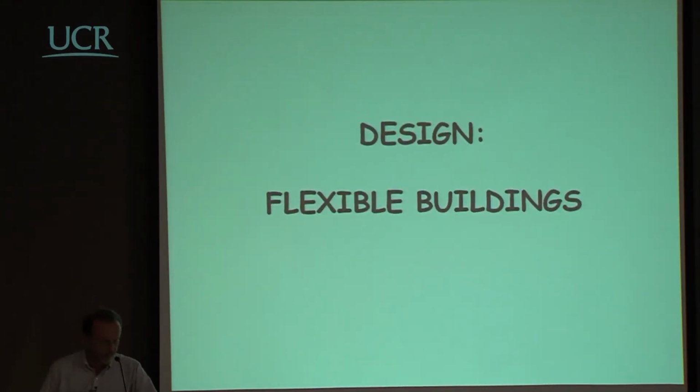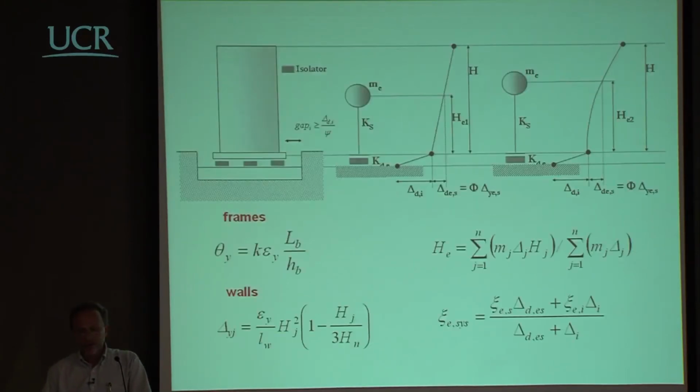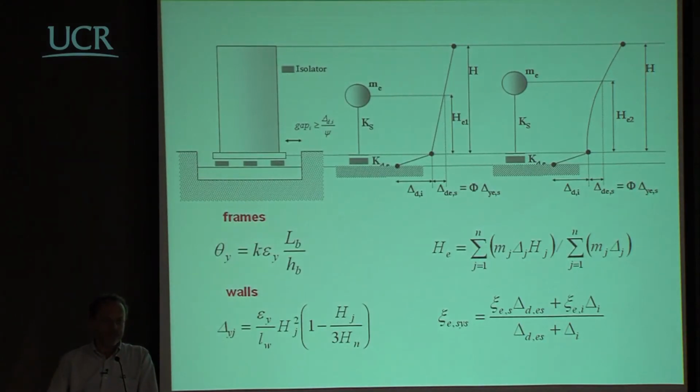What happens if the buildings are flexible buildings? It is more complex, but it is straightforward from a conceptual point of view. Because what happens is that you cannot assume that this part here is infinitely rigid. Actually, this should be the standard approach, and you may design it using this approach with all sorts of buildings.